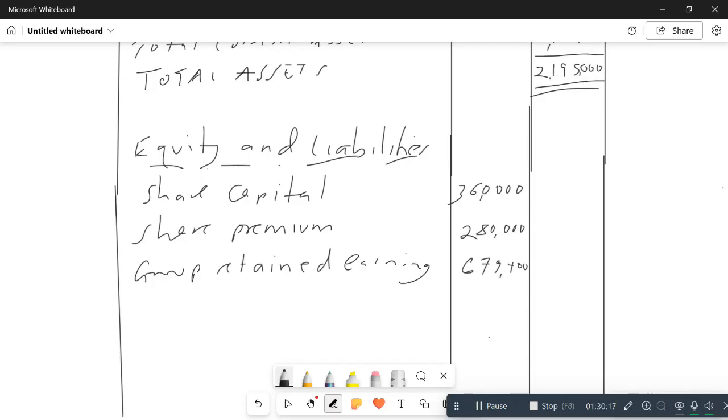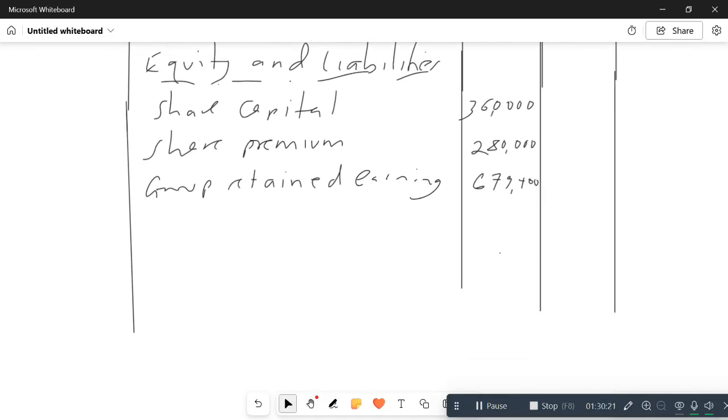Here, when you reach this step, you skip one line and you bring NCI. Our NCI, this was working, I think working 7. You can go back and check NCI, which was 211,600.